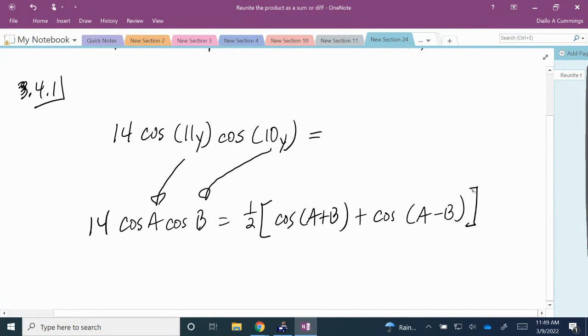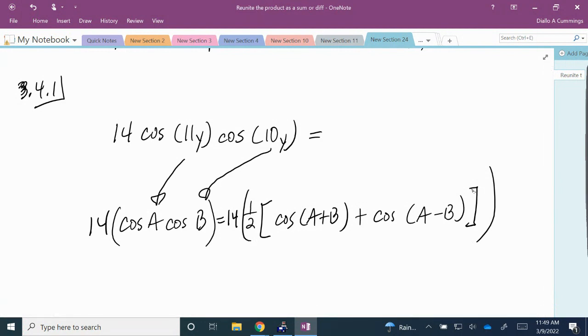So in order to change the coefficient from a 1 to a 14, we have to multiply both sides by 14. Whatever you do to one side, you must do exactly the same thing to the other side.